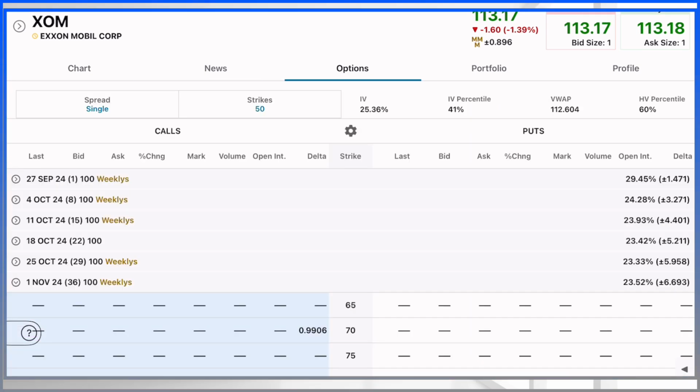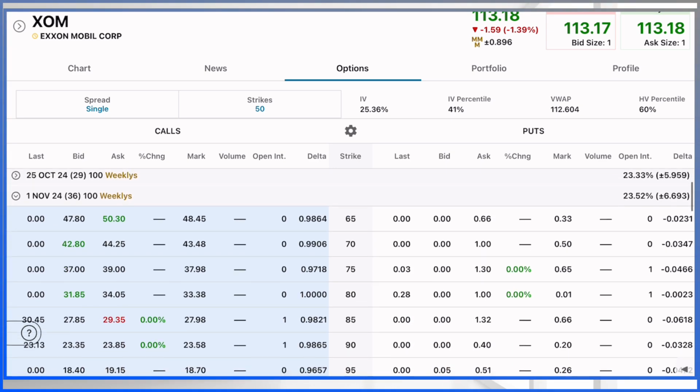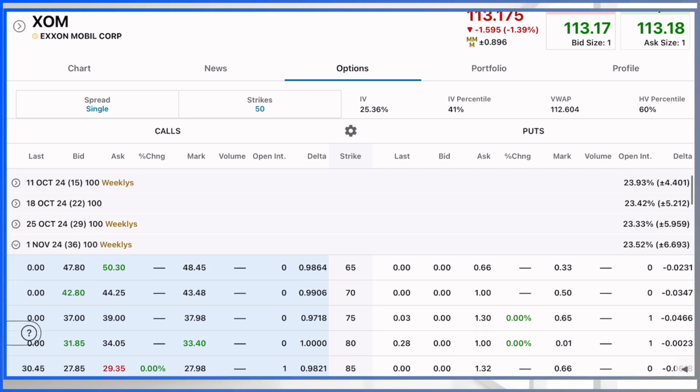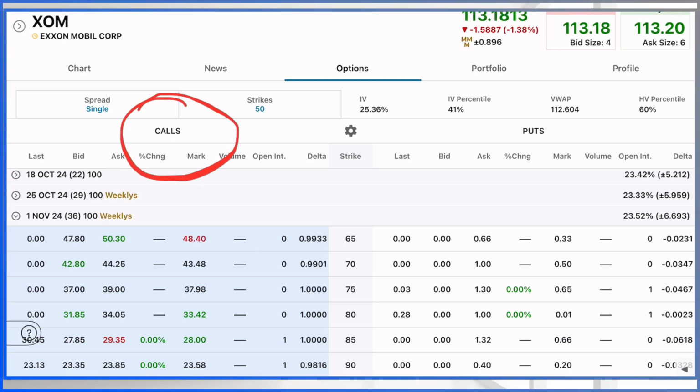If we go to options, we can see what options are available and get a sense of the price. So just so you know, this is calls, this is what we're going to be looking at. There's puts over here. That's a different strategy altogether, but we're looking at calls.